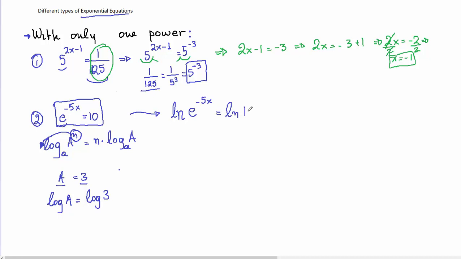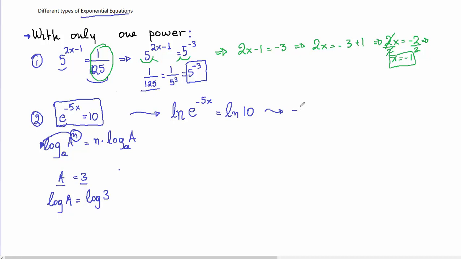Is that true? Yes, again I said that if this quantity right here is equal to 10, then the logarithm of this quantity will be equal to the logarithm of 10. Okay, so now I can apply the power rule. That tells me that the logarithm of a power is equal to the exponent times the logarithm of the base.